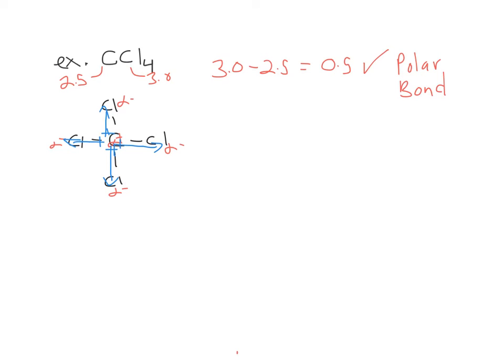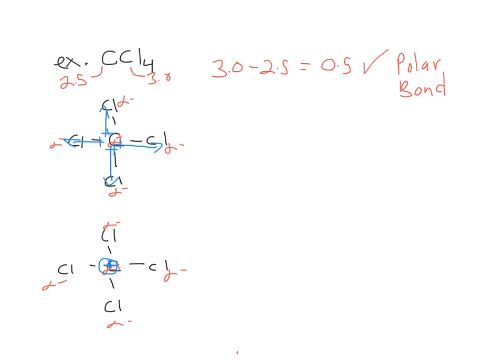The other way to look at it, once again, is looking at where your center of positive charge and negative charge is. So those chlorines are still partially negative. The carbons are partially positive. So the center of positivity is where the only positive charge is, right here on that carbon.